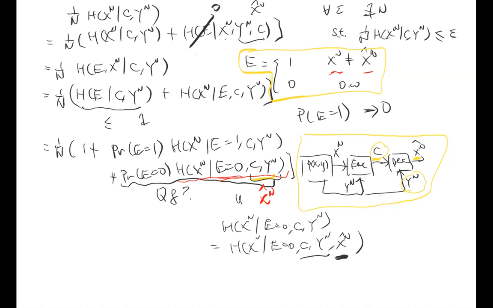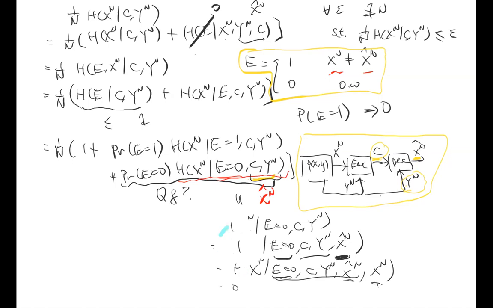But given this and this, it will be equal to 0. One more step: given xn hat and this is equivalent to being given xn, so H of xn given xn is of course just 0.